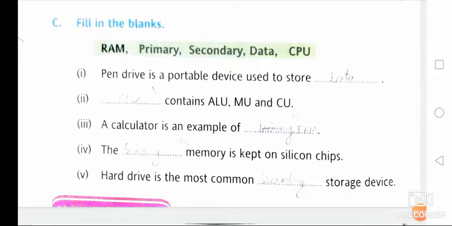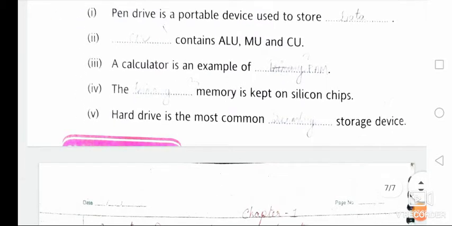Second one, CPU contains ALU, MU, CU. What is ALU? Arithmetic and logic unit. MU means memory unit and CU means control unit. Then third one, a calculator is an example of RAM.